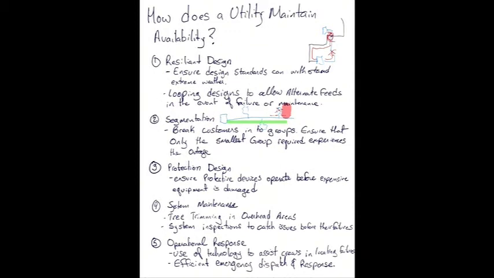Another aspect we're going to work on is our protection design. So we talked last week about how arcs are hot and a tremendous amount of energy gets delivered into a fault, and this is going to utterly demolish our stuff if it goes unchecked. Having appropriate protections means that those protections are going to act to interrupt those faults and extinguish those arcs before they have a chance to deal significant damage to our expensive equipment.